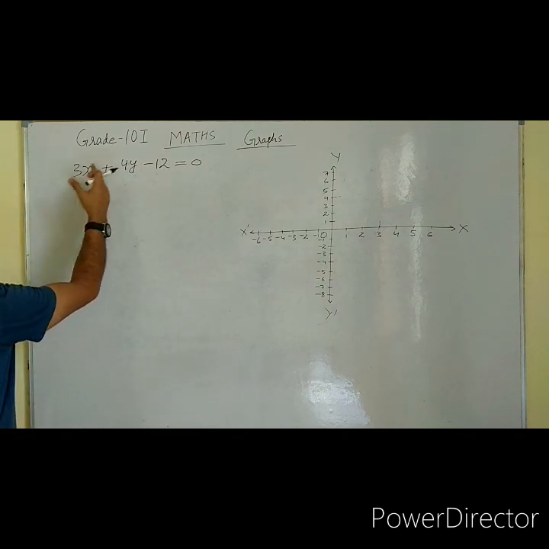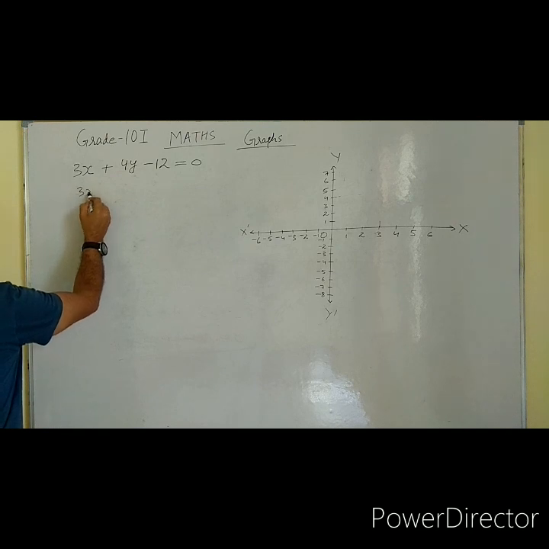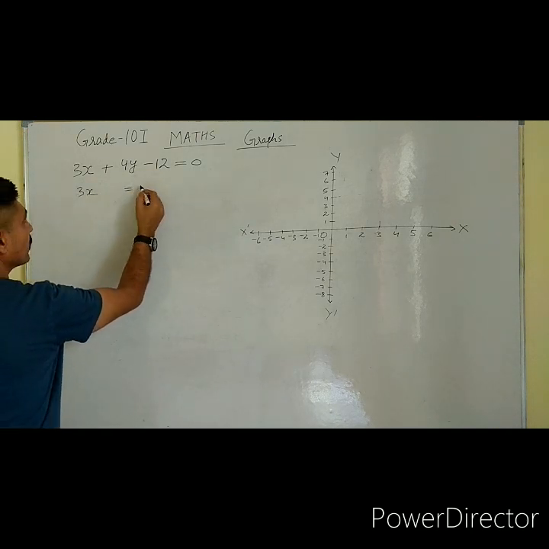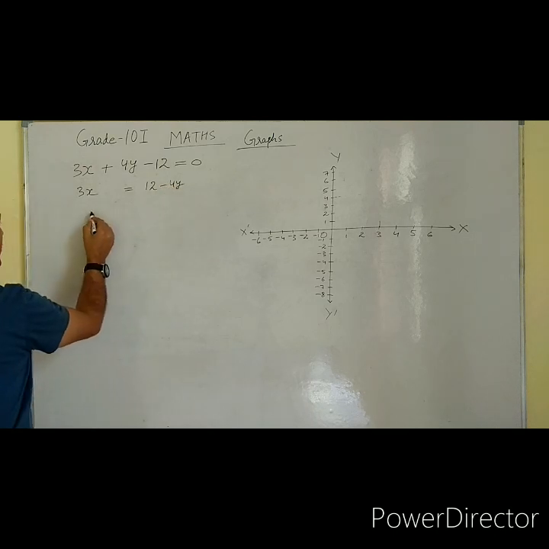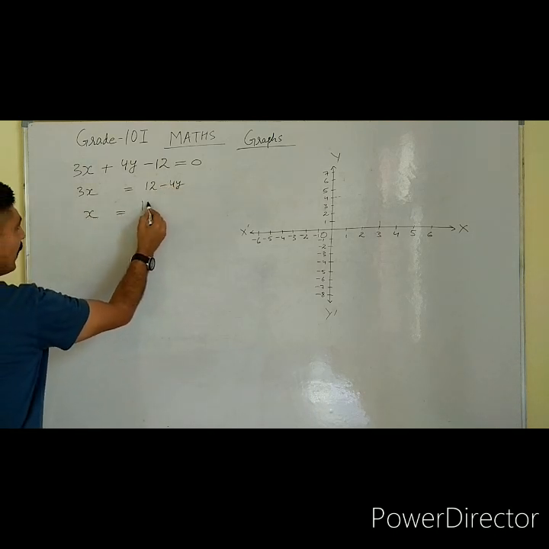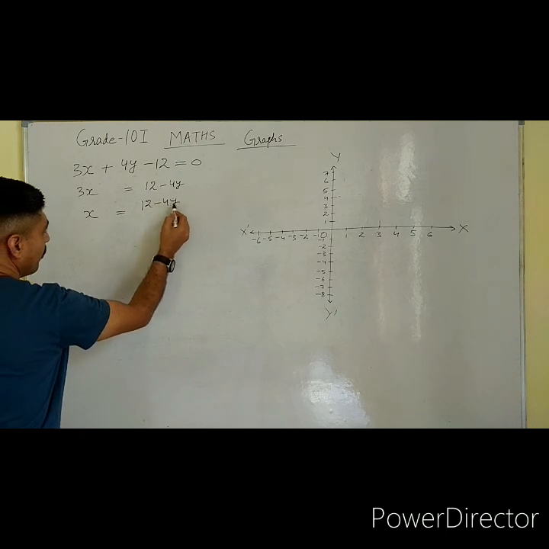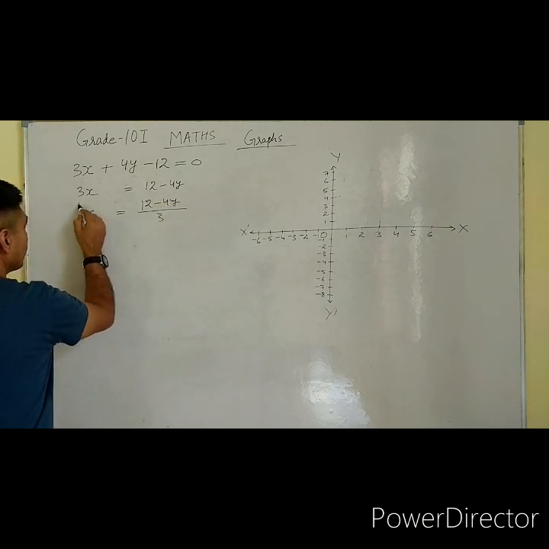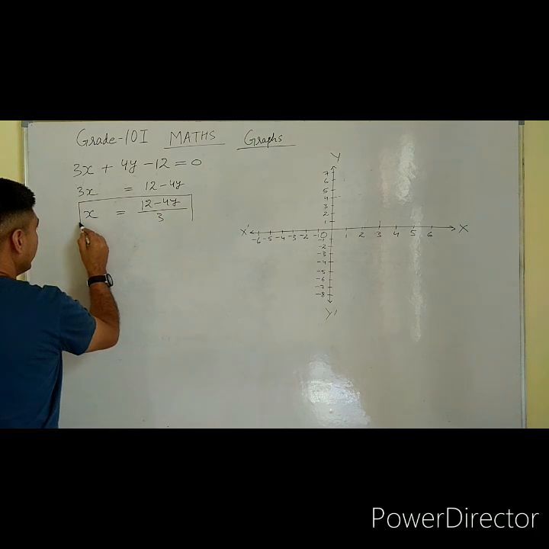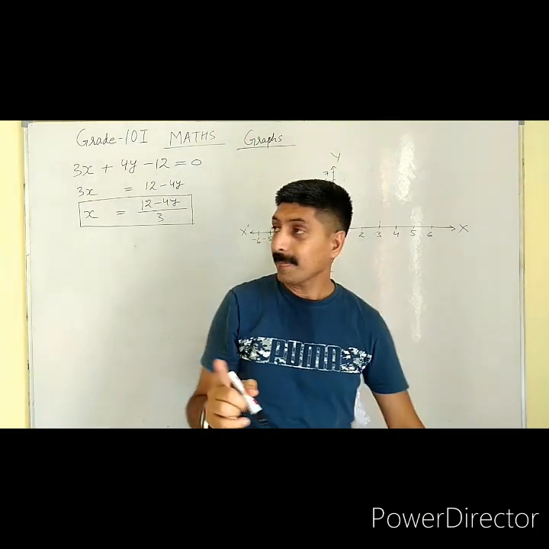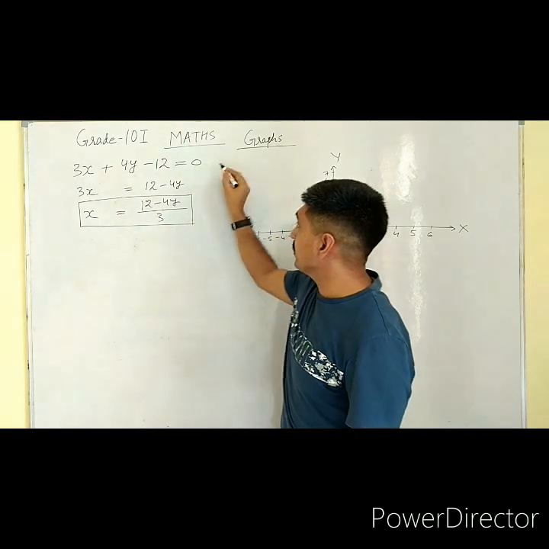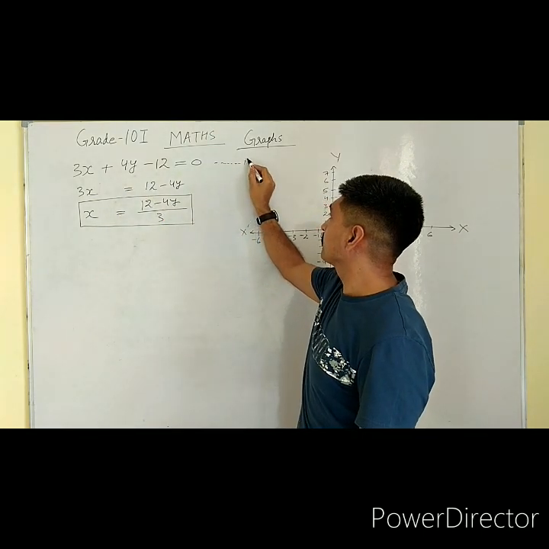So we can write 3x is equal to 12 minus 4y and x is equal to 12 minus 4y upon 3. So here we are writing from the same equation, this is equation number 1 here.